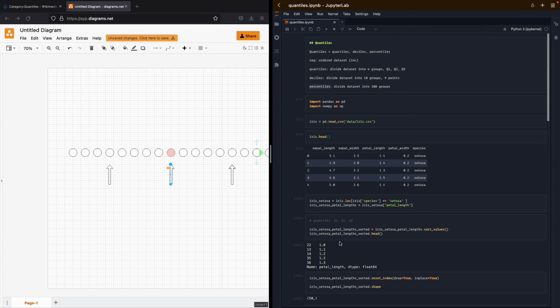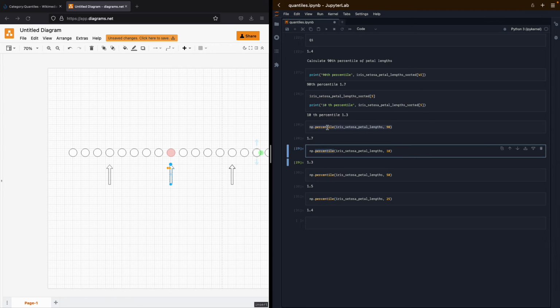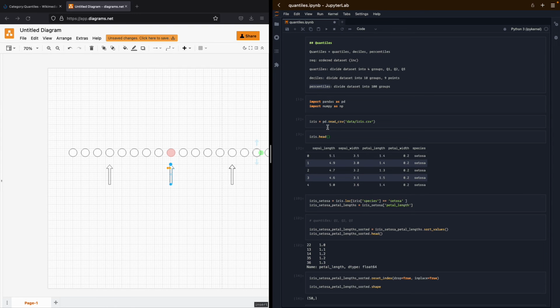So we see how we can calculate quartiles, deciles and percentiles. We can calculate all of those using percentiles, because percentiles basically divide everything into 100 groups, and we can take the 25, 50 and 75 points to get quartiles.